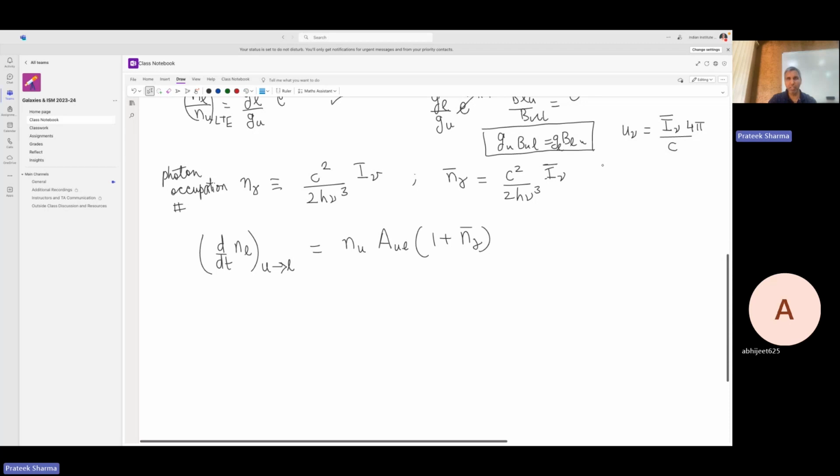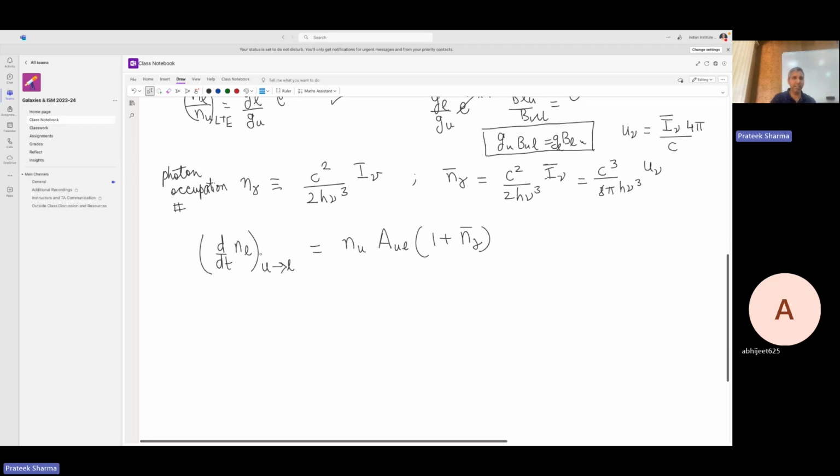This is nothing but c cubed by 8 pi h nu cubed times u nu. So all these quantities, the photon occupation number n gamma, I nu, or u nu, are related to each other, and you should be comfortable going from one to the other.